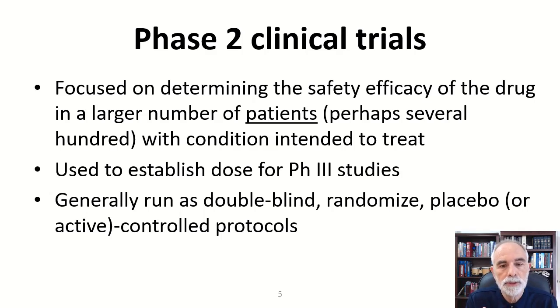Active control only means that in the case where there is a drug that's known to be effective for the indication, it's really not considered ethical to give a group of patients a placebo. So the control arm would get the state-of-the-art drug, and then the active arm, or the experimental arm, group of patients would get the new drug, the drug being developed.